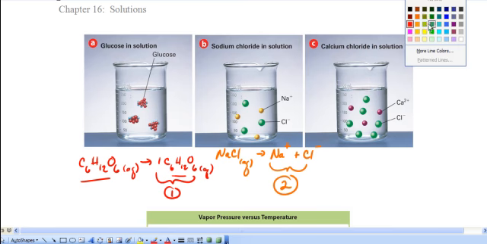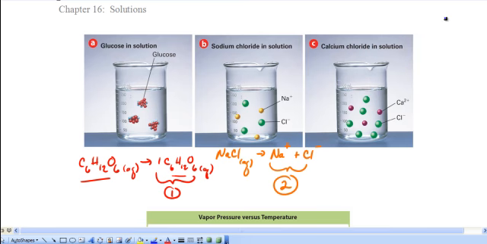And if you take a look at calcium chloride, CaCl2 is going to break up into calcium ions and two chloride ions to balance, because it's CaCl2, you get two chloride ions, so you get a grand total of 3 particles.